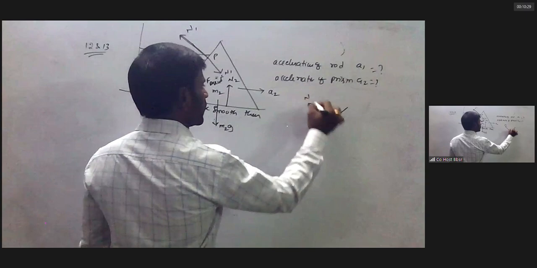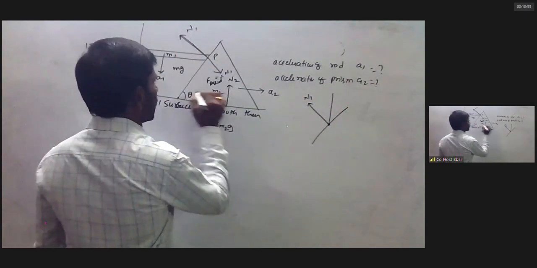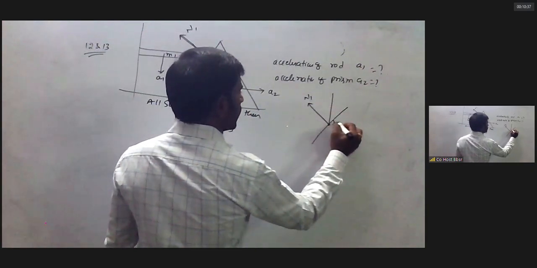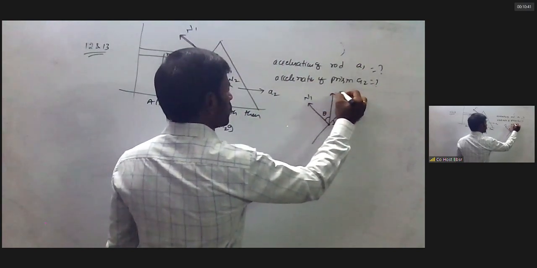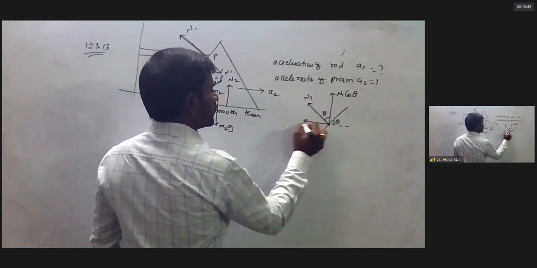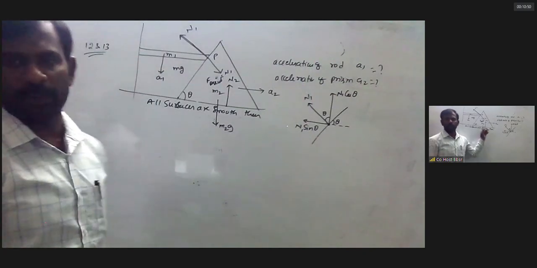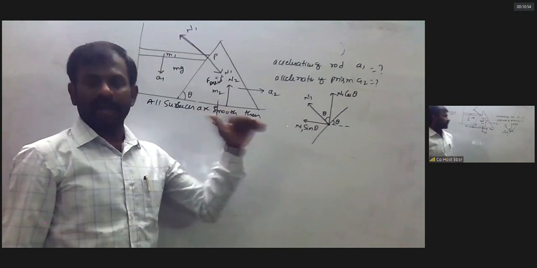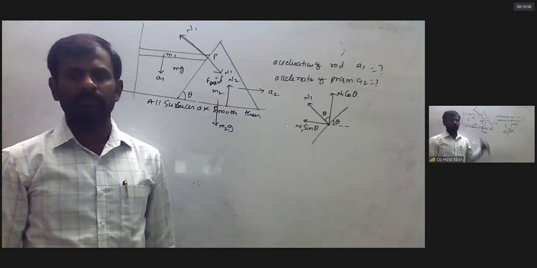N1. Angle you see here, this angle given theta. Theta means here theta, this is 90 minus theta, this is theta. So we can write N1 cos theta, this is N1 sin theta. Now you tell me what type of force should push the prism rightward?